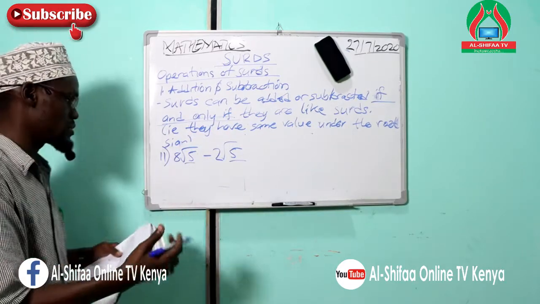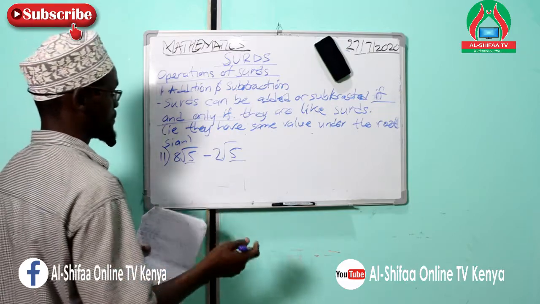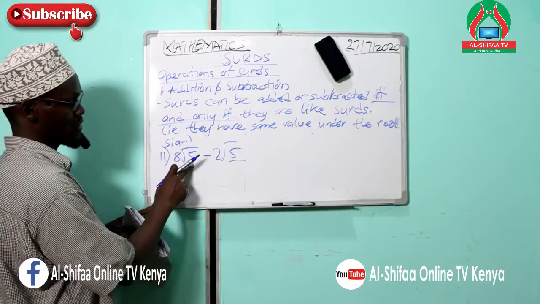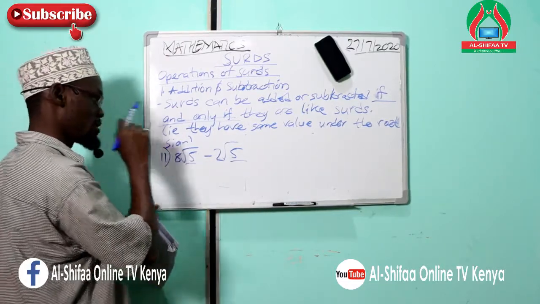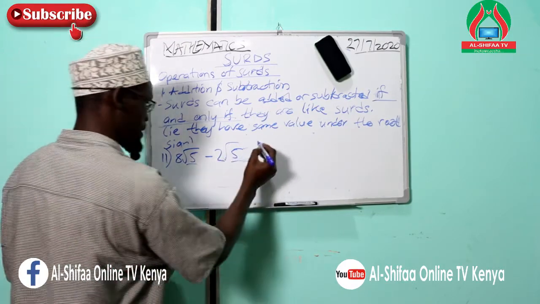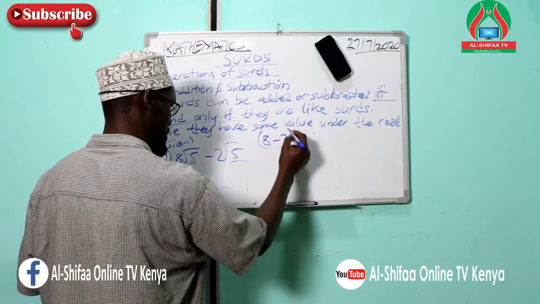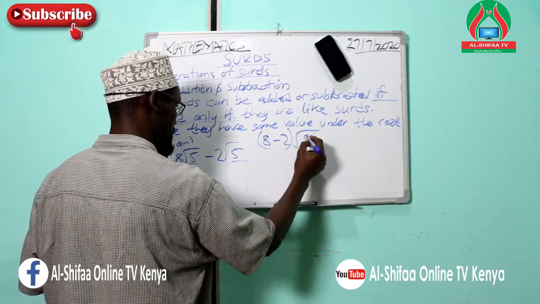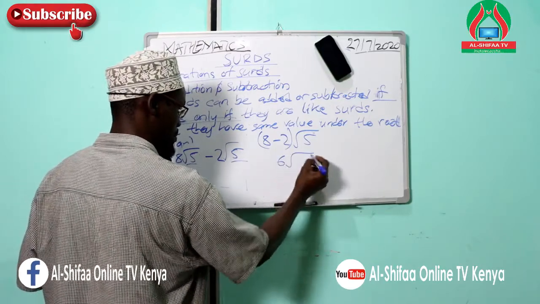That's when we can proceed with the subtraction or addition. So here under the root we have 5, and also here we have 5. So it means that we can proceed with the subtraction operation. So here we'll take 8 minus 2 in brackets, then we multiply by root 5. So it will be 6 root 5.